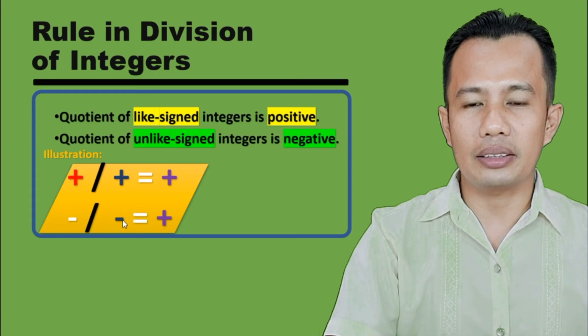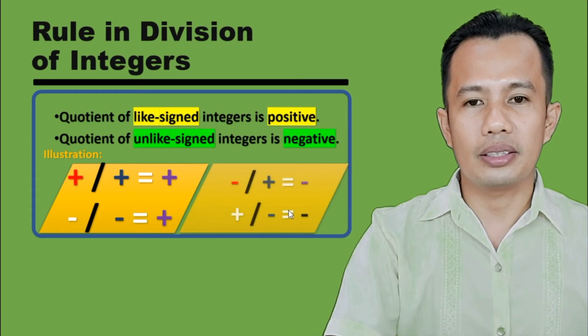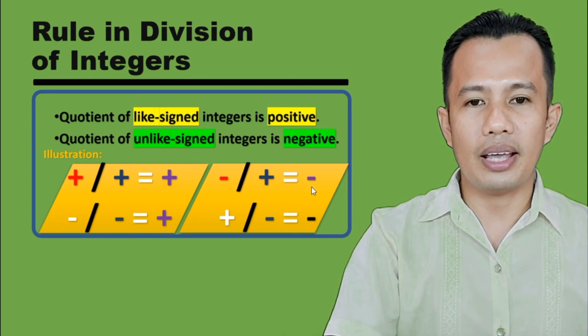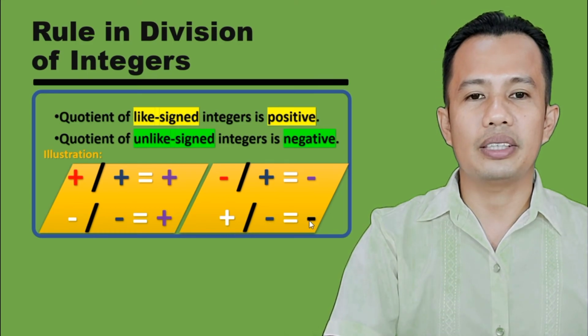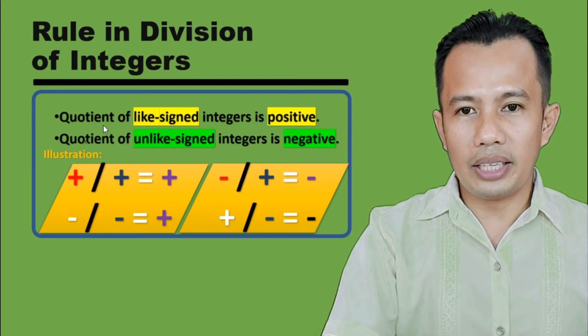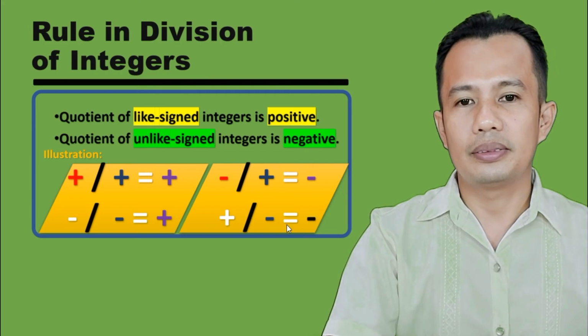Negative divided by negative integer is positive. And the other cases, negative divided by positive is equal to negative. Positive divided by negative integer is equal to negative. Or in short, the quotient of unlike signed integers is negative.